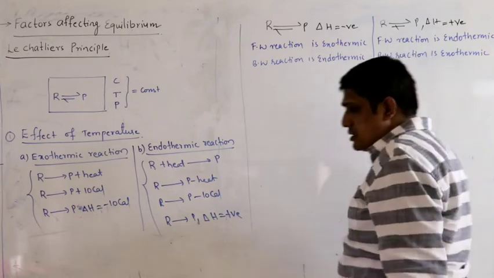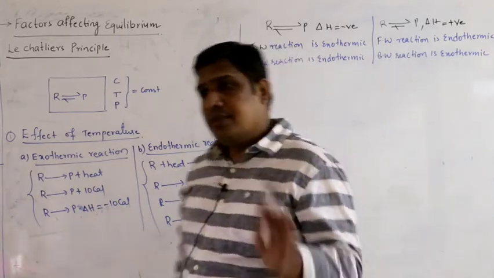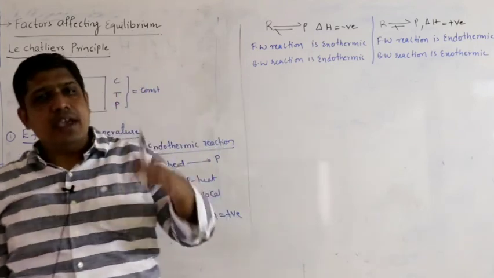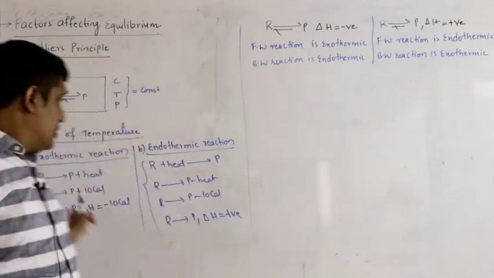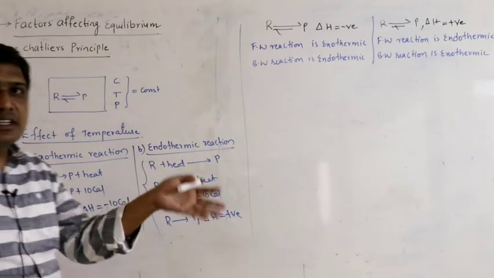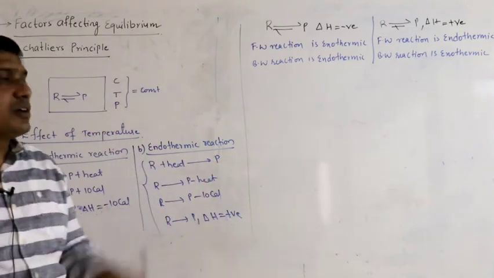So just remember like this, if forward is exothermic, then backward will be endothermic, or if forward is endothermic, then backward will be exothermic. Exothermic reaction increases the temperature, endothermic reaction decreases the temperature because it proceeds with absorption of energy.